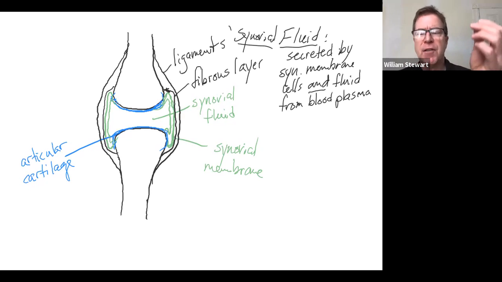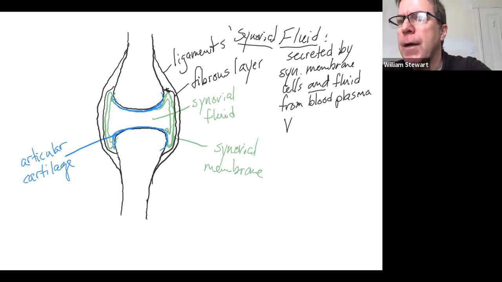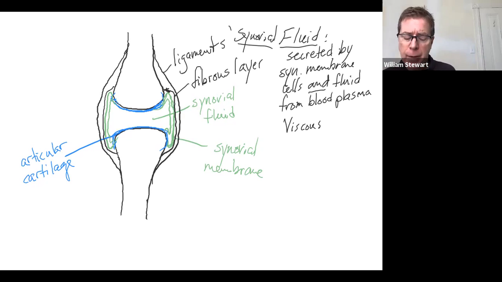And it's a viscous fluid, kind of the consistency of egg whites, kind of looks like egg white. One of the main constituents in synovial fluid is hyaluronic acid.